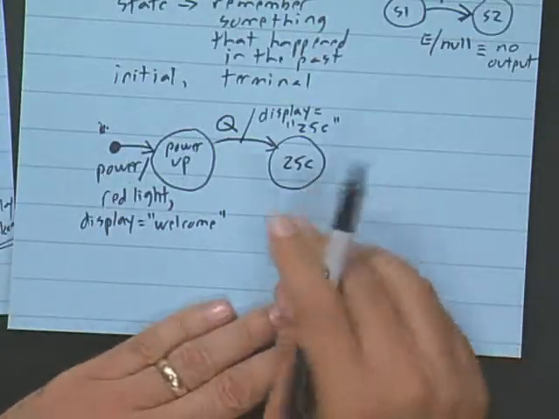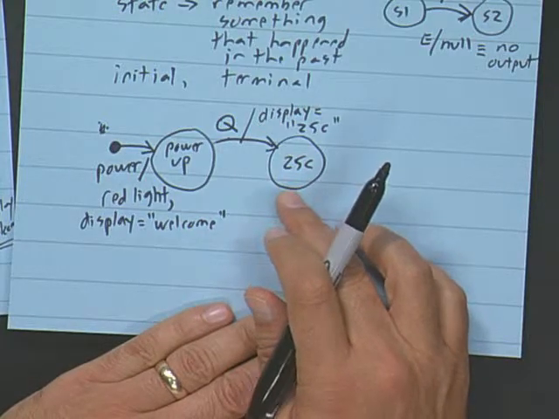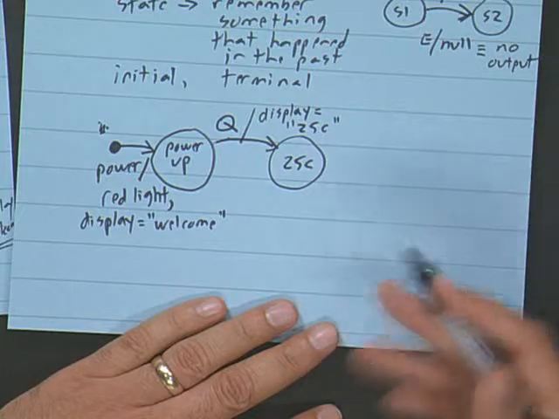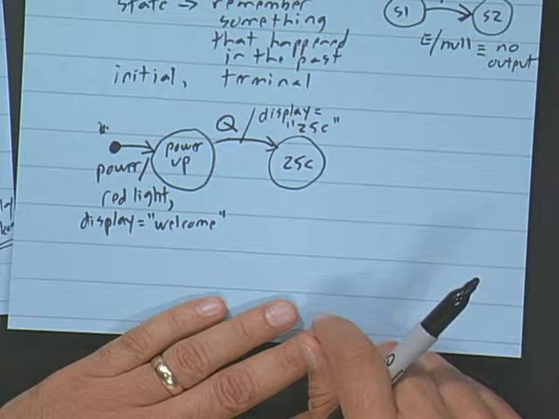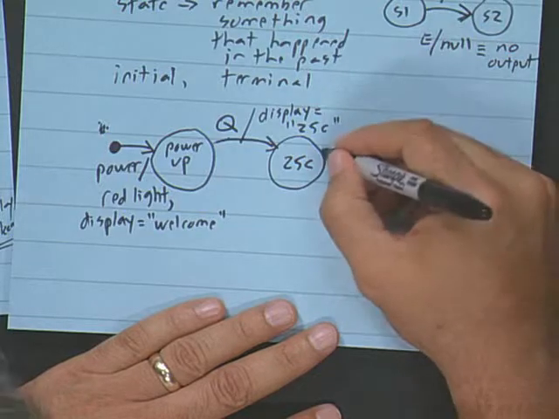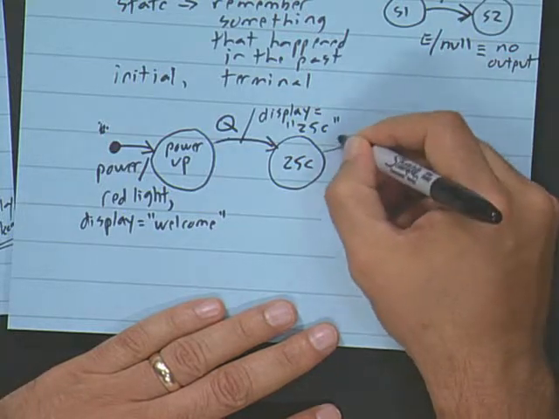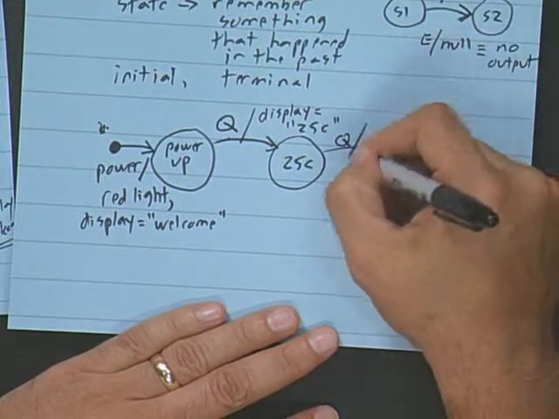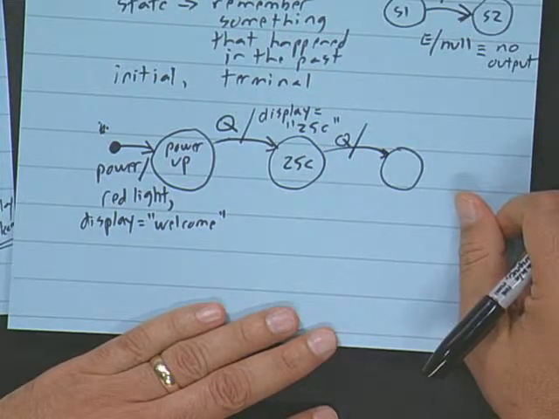Well, I'm here. That's where I am in the story. Now I have to deposit another quarter. I think I have to remember that too, because again, I'm counting up to 75 cents in this case. So I'm going to add another state, a quarter. Again, from the state, it's just another quarter. What's the response?